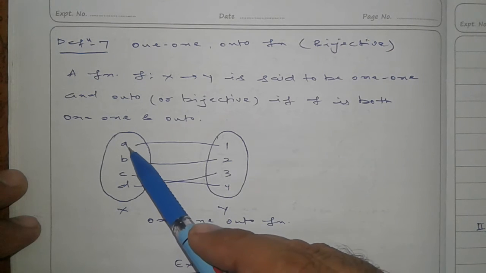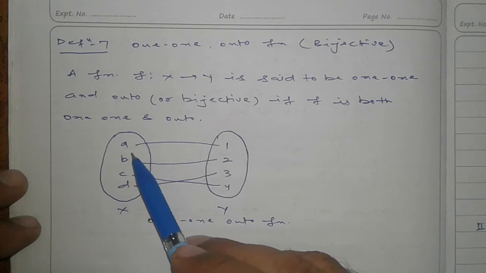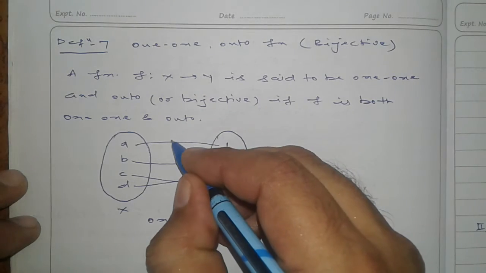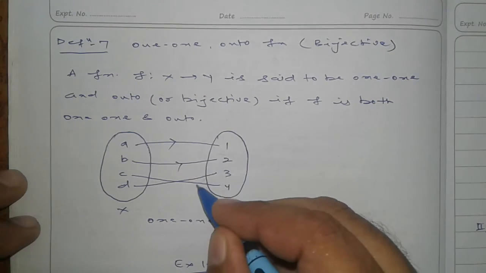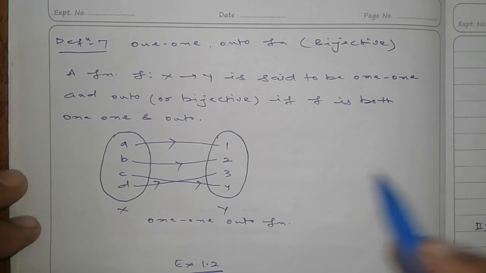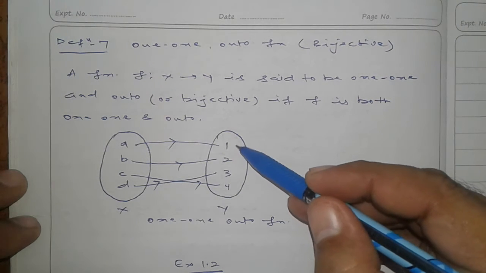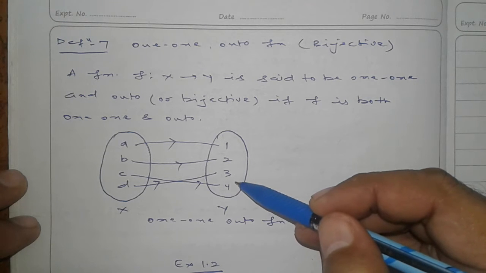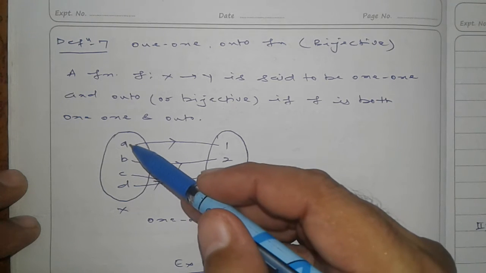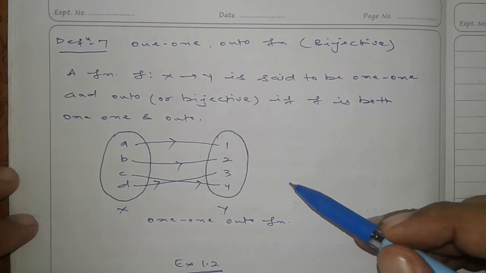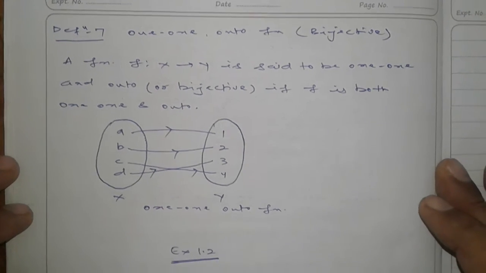For example, if it is set as ABCD, it has 1-to-1 correspondence, and secondly every element of y is the image of some element of x. So therefore it is one-one onto and it is bijective.